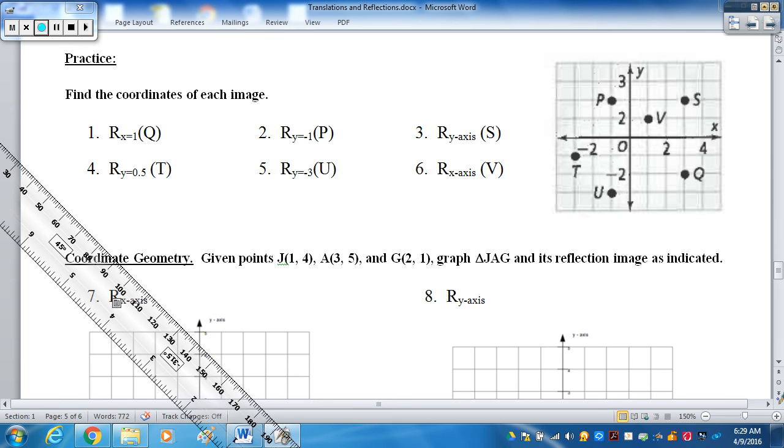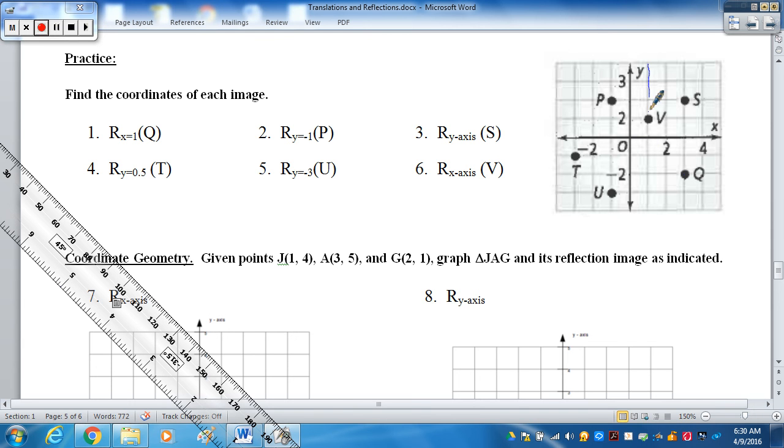Now, each one of these is a different way to write the rule that's transpiring. What I'm talking about is, this is a reflection, this is the reflecting line, okay, x equals 1, and then this is what they want you to reflect. So if I go to number 1, and I have point Q, I want to reflect this across the line x equals 1.